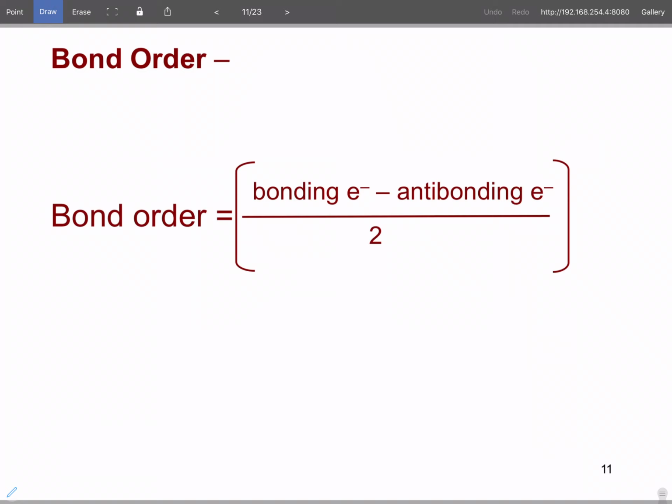That is the net number of pairs of bonding electrons in a molecule.